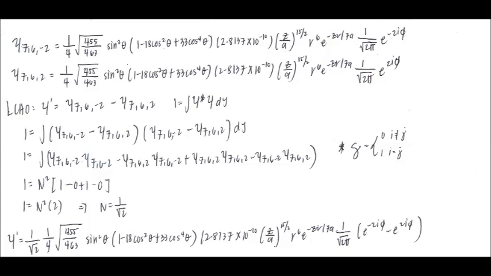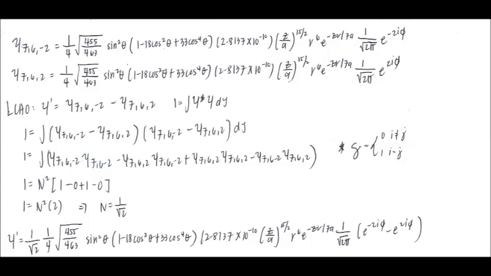We distribute the psi 76 negative 2 to the other term. So now we will get 1 equals integral of psi 76 negative 2 psi 76 negative 2 minus psi 76 positive 2 psi 76 negative 2 plus psi 76 positive 2 psi 76 positive 2 minus psi 76 negative 2 psi 76 positive 2.